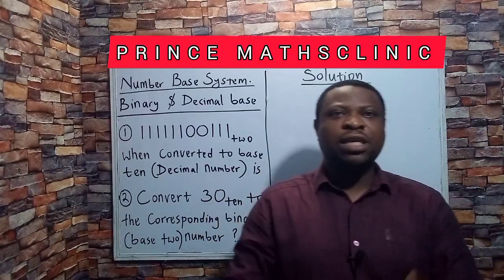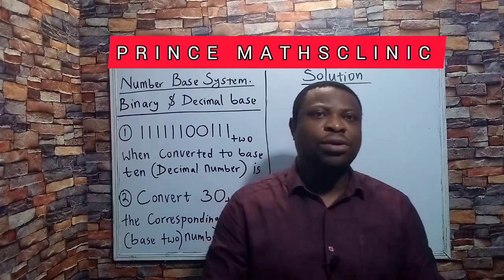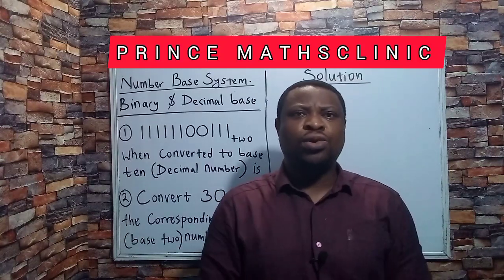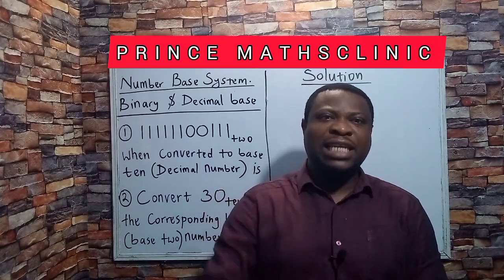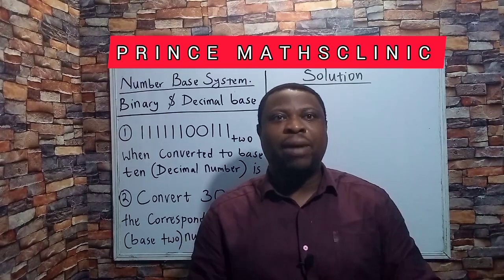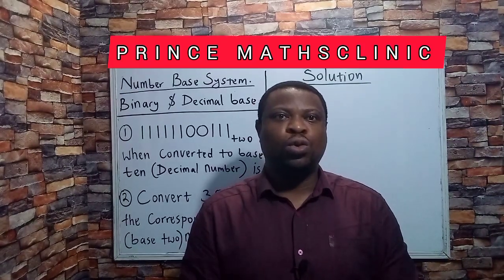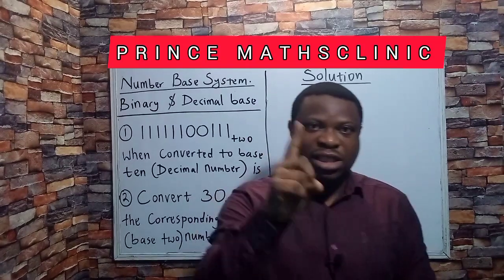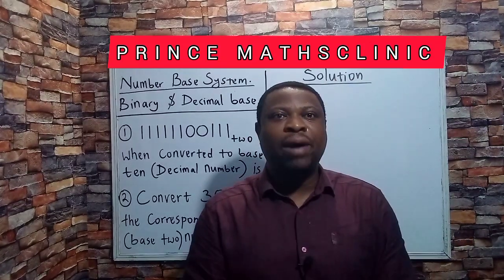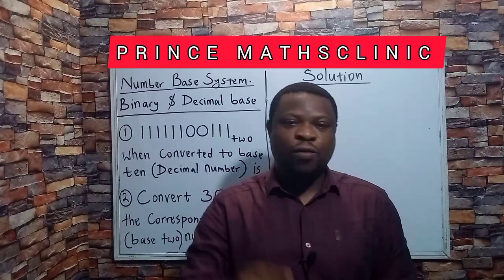Converting between binary and decimal numbers is fairly simple, as long as you remember that each digit in the binary number represents a power of 2. Don't forget, each digit in the binary number represents a power of 2.